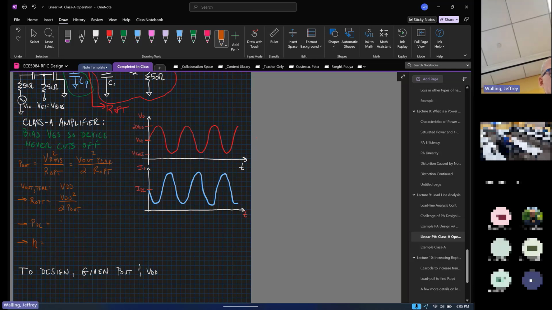We can also find that PDC, the DC power, is equal to whatever our IDC is times VDD. Just the definition of our DC power consumption. And we can further say that that DC current level is probably equal to VDD over R opt.